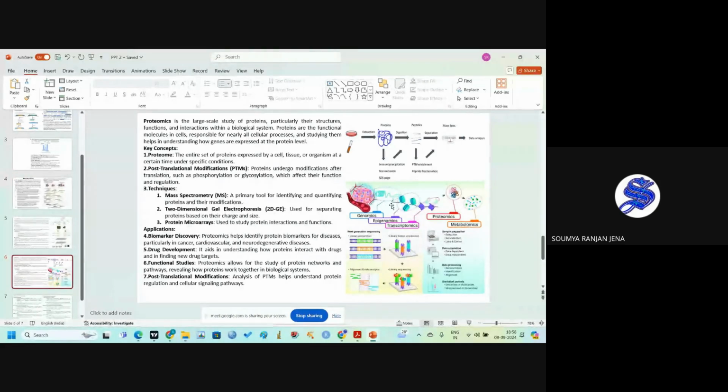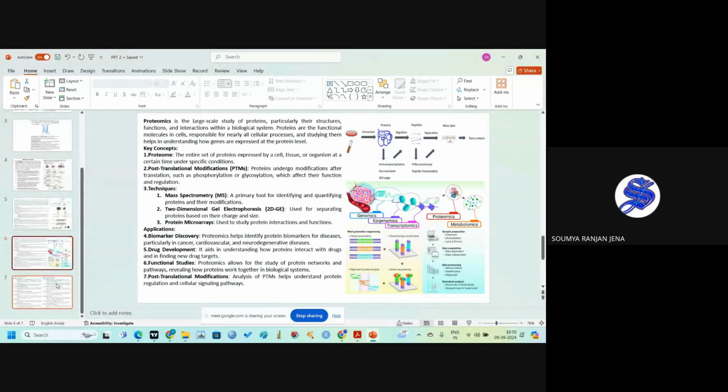These techniques give rise to the study of different types of diseases, and this is done by genomics, epigenomics, and transcriptomics by next generation sequencing, proteomics by mass spectrometry analysis, and metabolomics also by mass spectrometry analysis.